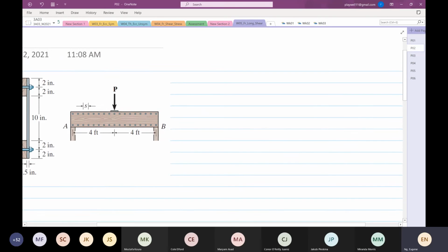So let's look at single shear configuration. You have this, with your bolt going through, or your nut, whatever it is.